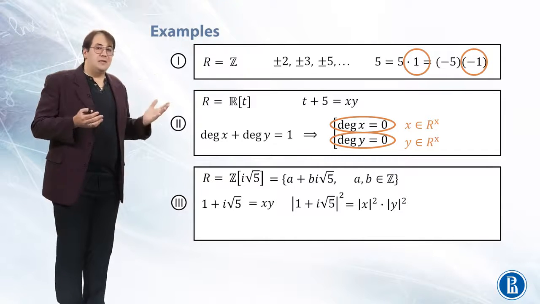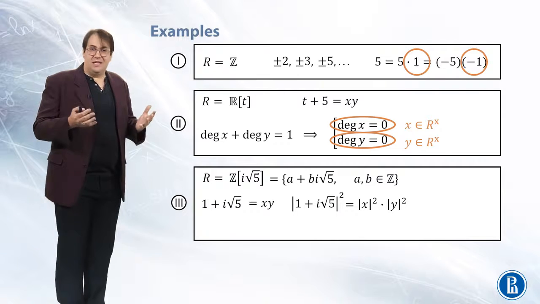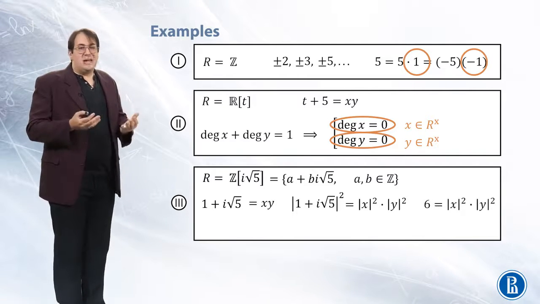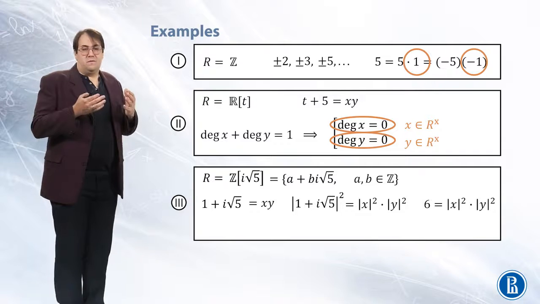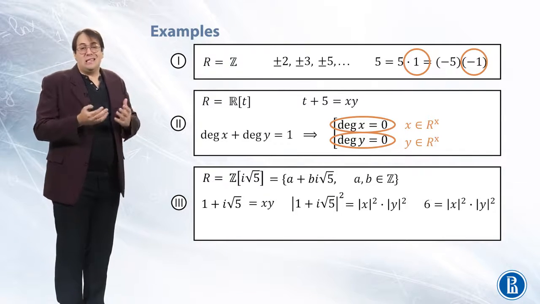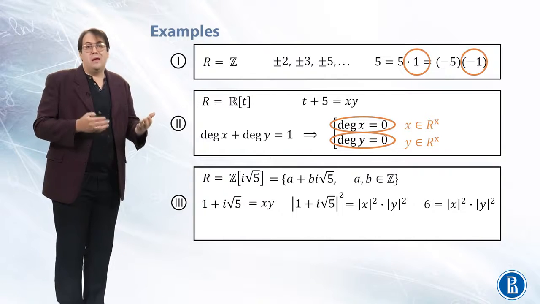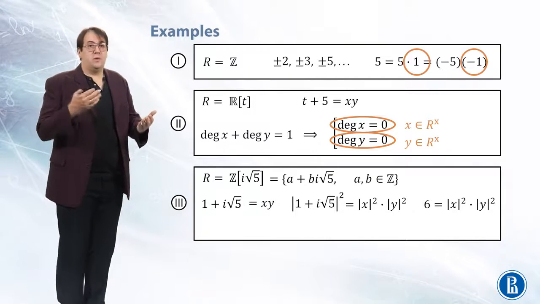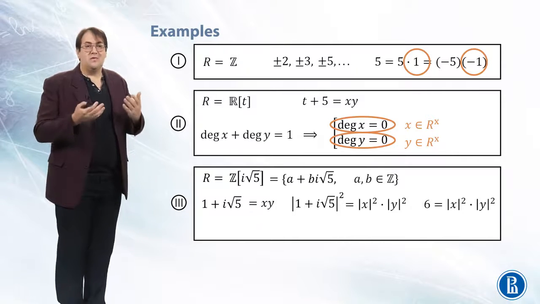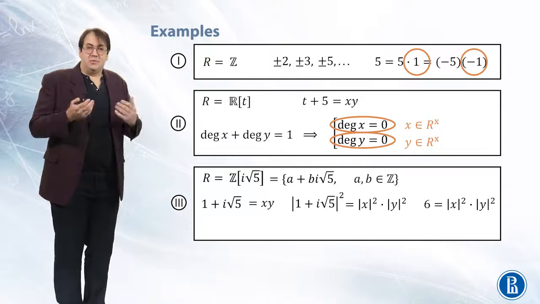And here on the slide you see squares of these absolute values, but nevertheless they should be equal. And we understand that the square of the absolute value of our number 1 plus i square root of 5 is equal to 6, because it is 1 to the power of 2 plus square root of 5 to the power of 2. 1 plus 5 equals 6, so this is the square of the absolute value of our element of this ring.